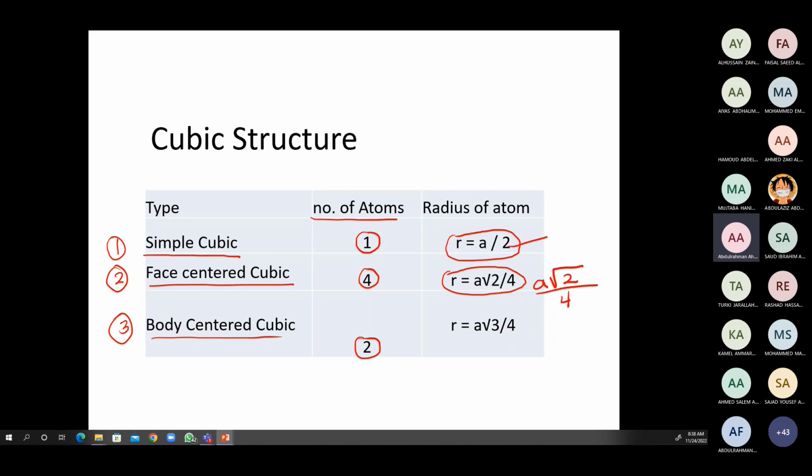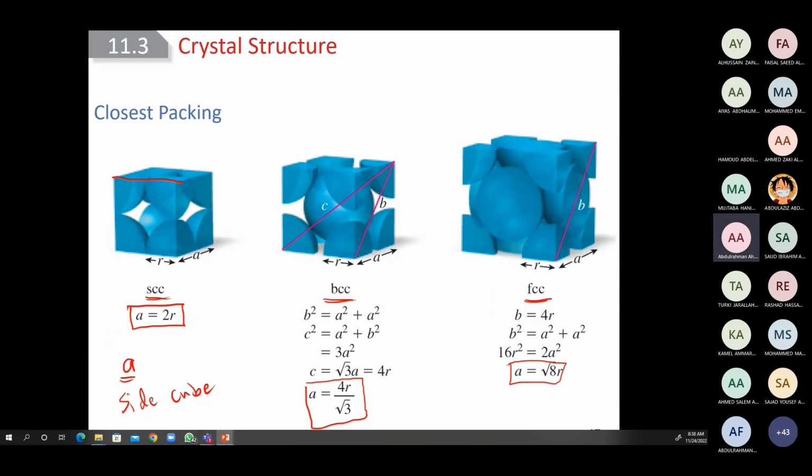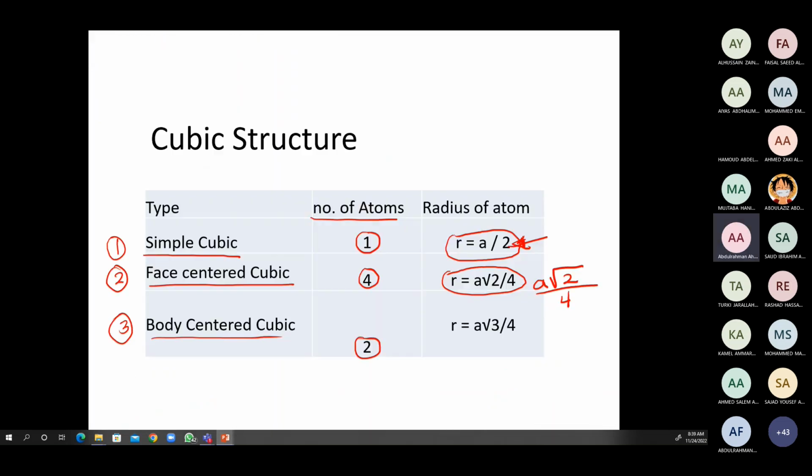Of course, this is very simple, right? Yes. A over 2. A equals 2R, so R equals what? A over 2. As simple as that. You remember it. But this one, you will not remember it. And that's why I want to tell you how to remember it. It's A, again, over 4, but instead of root 2, what is it?